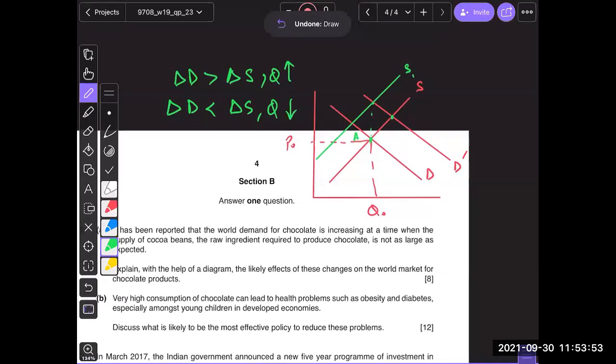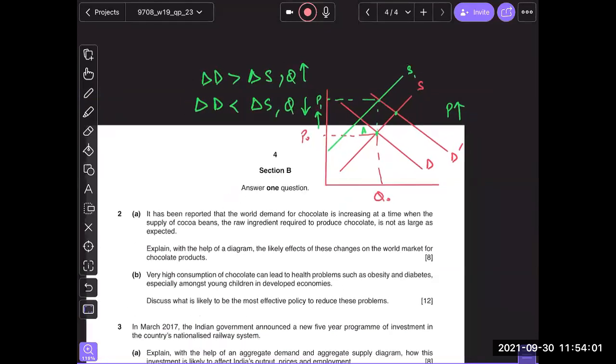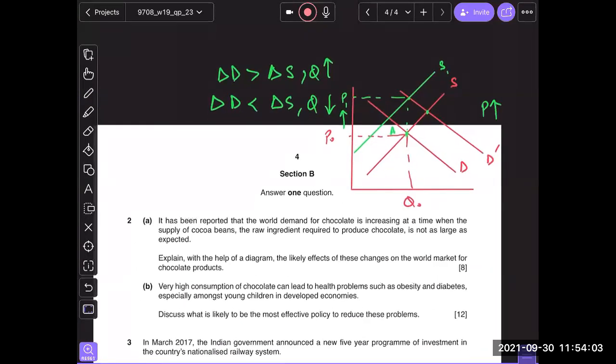And the price, however, will go up irrespective, because both the factors will make the price of the good go up. So with the help of a diagram, the likely effects of these changes on the world market for chocolate products. So you talk about why the demand curve would shift to the right, and why the supply curve would shift backward.